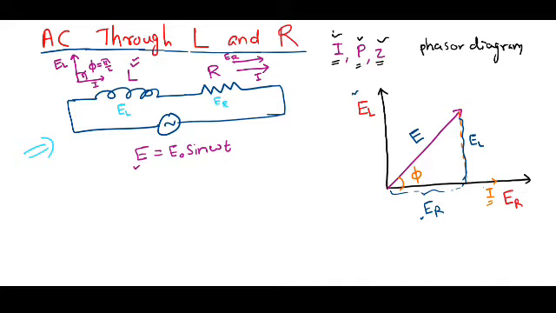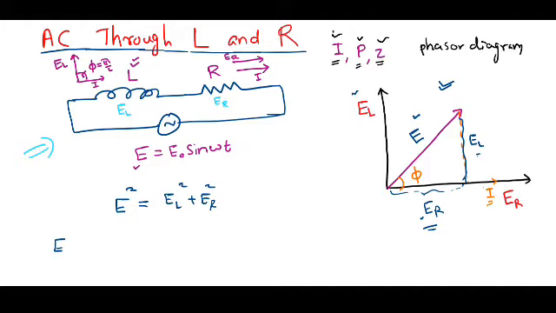Therefore, E is the net voltage in the circuit. Fine. Therefore, by looking at this phasor diagram, by using the geometrical method, this is the hypotenuse, that's the net voltage, that is hypotenuse square, E square is equal to EL square plus ER square.